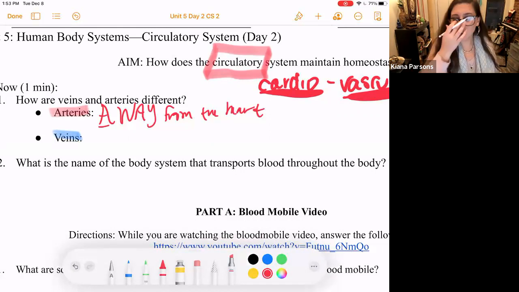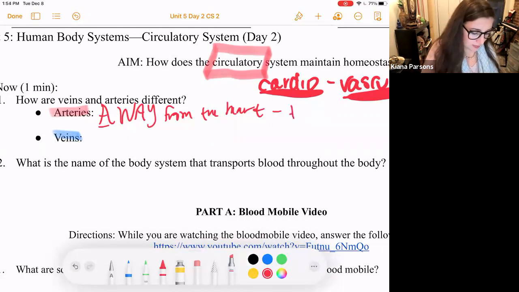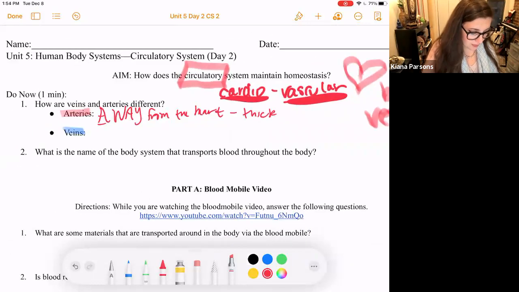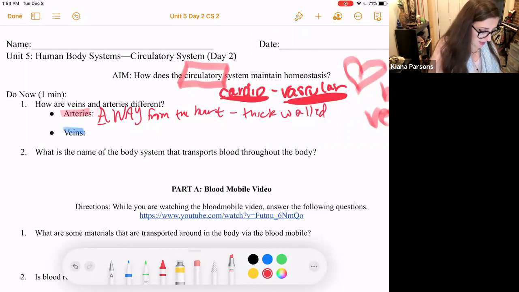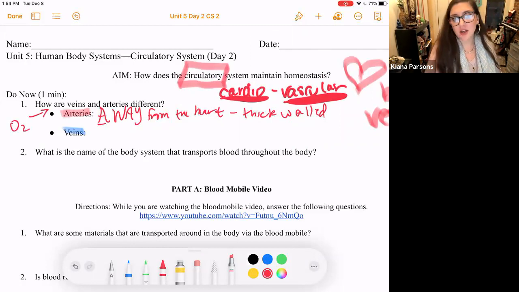So they're thick and strong to do their job. And the blood in the arteries contains oxygen. So they pump oxygenated blood away from the heart. And in order to do this pumping, they have thick muscular walls.